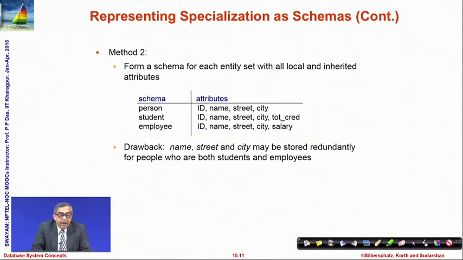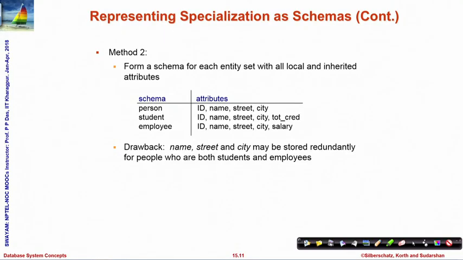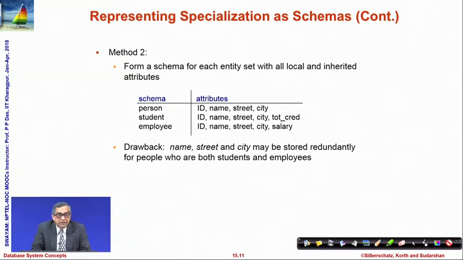So, the same entity will occur in student as well as in employee, and the information of the common attributes name, street, city, etc., will occur in both these tables in the design. So, these are two methods, and we have just given you their relative advantages and disadvantages, and based on a particular situation you will have to choose what is a good method to represent.